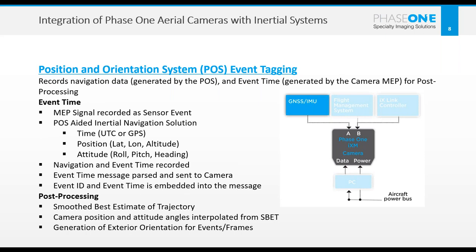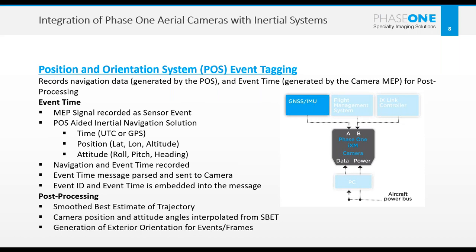So the navigation and the event time are recorded into the navigation log of the POS. The event time message is parsed and sent back to the camera. So the event ID and the event time, or the event mark of the mid-exposure pulse, is embedded back into the message and sent to the camera.